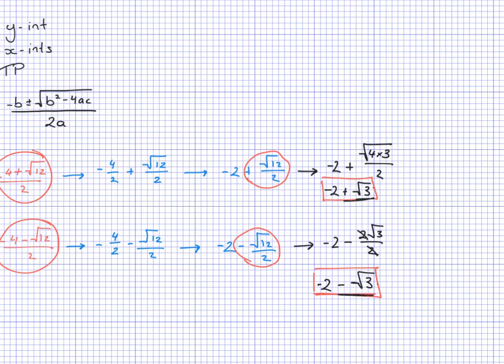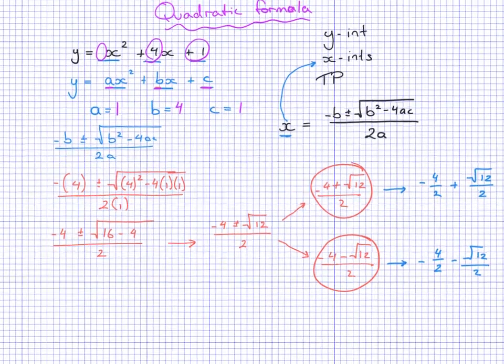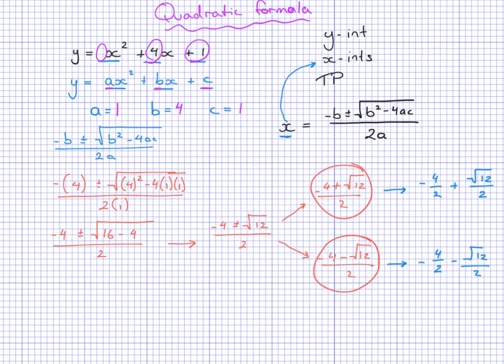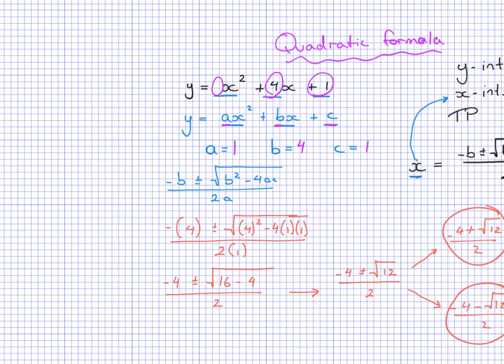So in your books, you need to have written down the quadratic formula. You need to have an example like this annotated along the way. When I say annotated, you might want to write step 1, identify a, b, and c.